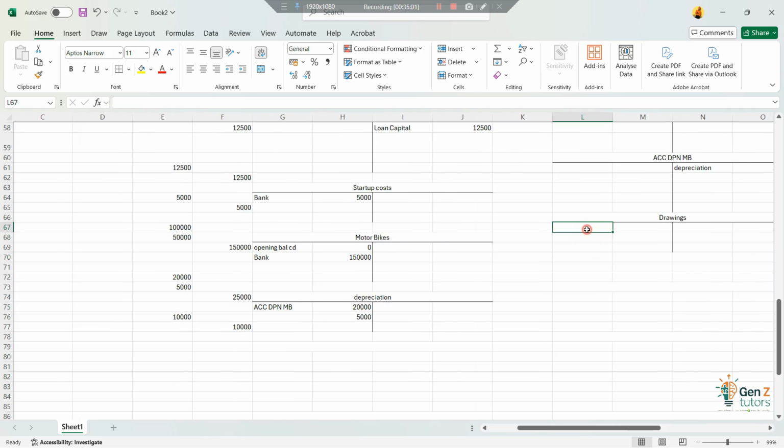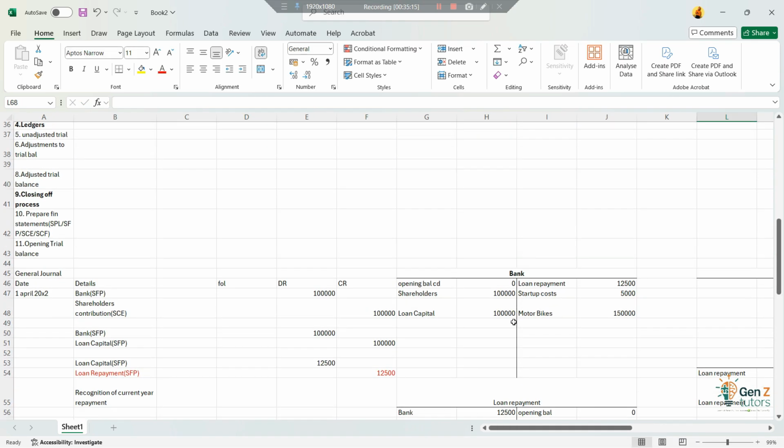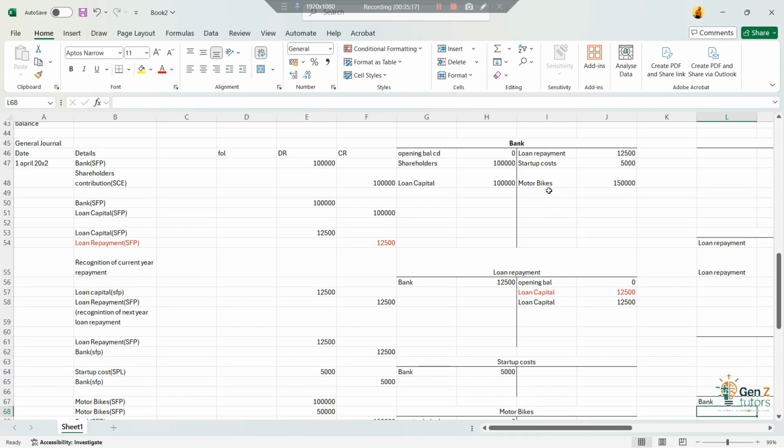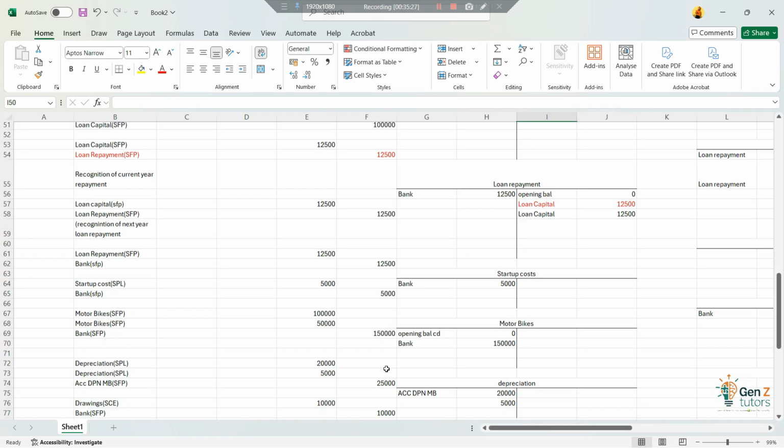So we say here due to bank, and how much was that for? It was for 10,000. Then immediately once you've done this, we go into the ledger account of bank. You have to credit bank due to drawings, for 10,000 also as well. We're crediting that, and then we are done with the transaction.